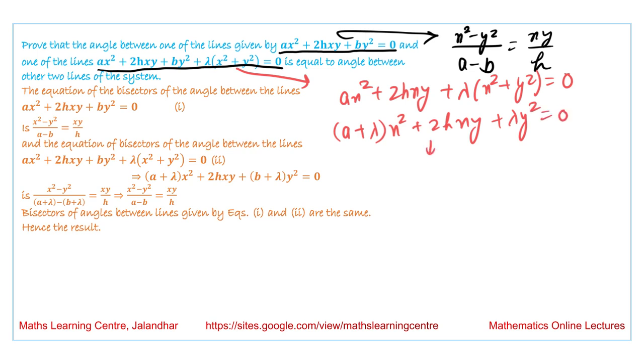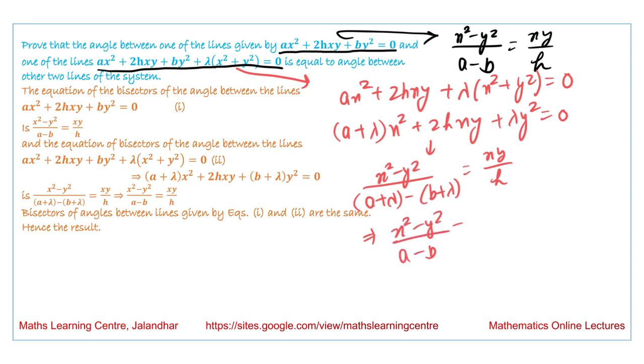So from this we can write the equation of the angle bisectors as x square minus y square over a plus lambda minus b plus lambda is equal to xy over h, and this implies x square minus y square over a minus b is equal to xy over h.